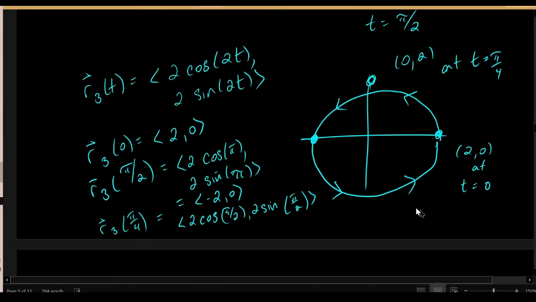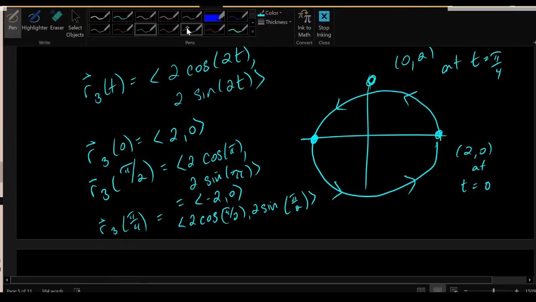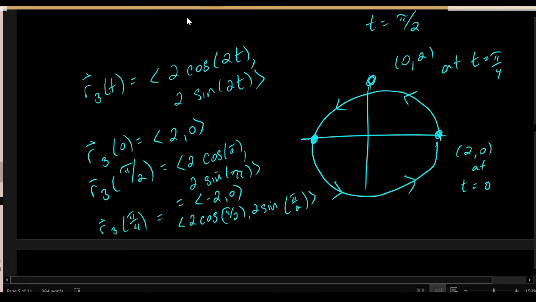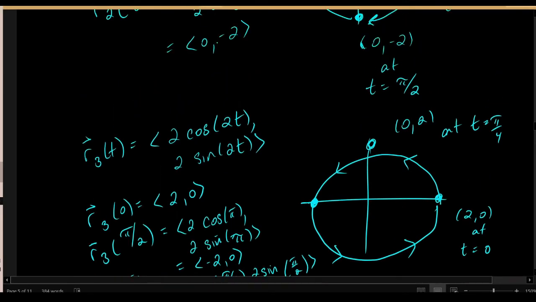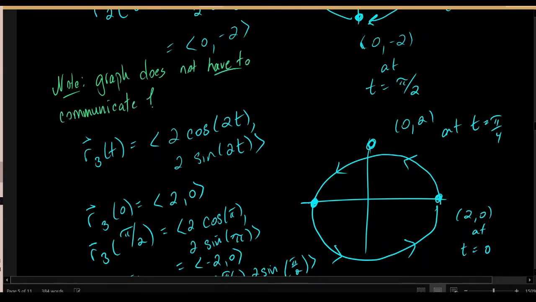But in general, as a rule, the graph of a vector-valued function only has to communicate the path in which the object traveled and the direction along which the path was traveled. It does not have to communicate how quickly the path was traveled. That was an optional step taken by me.